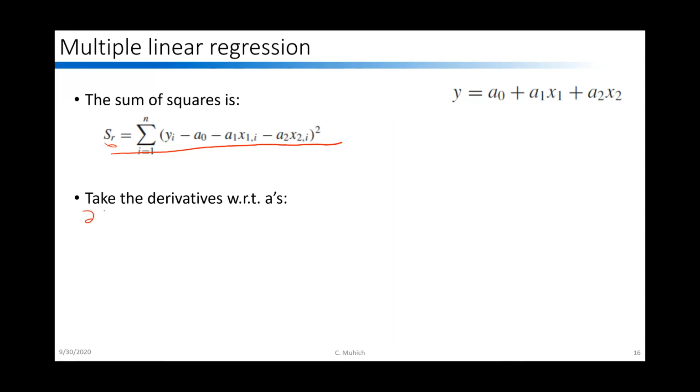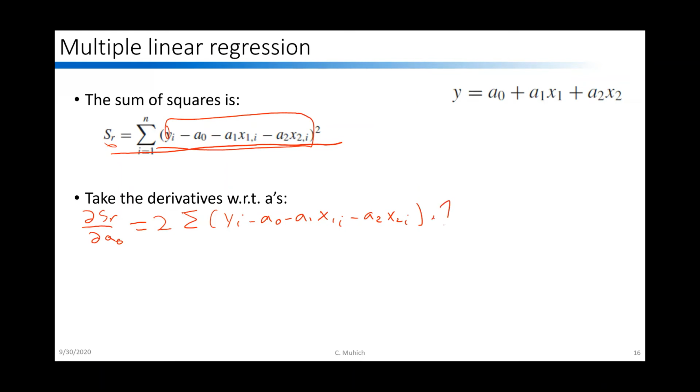These are going to look very similar to the equations that we wrote out for higher order polynomials. So if I take that first derivative with respect to a naught, I once again have that product rule going on, where I have twice the sum of yi minus a naught minus a1 x1i minus a2 x2i, all in there, and then the derivative of what's happening on the inside, so the derivative of that inside equation with respect to a naught is 1.